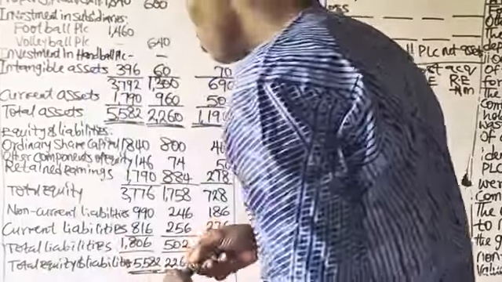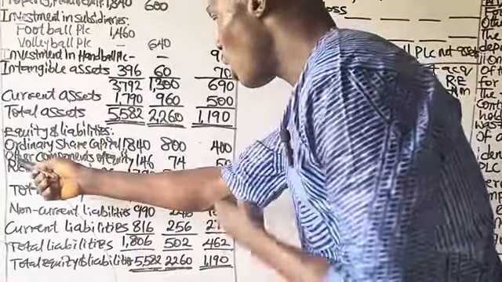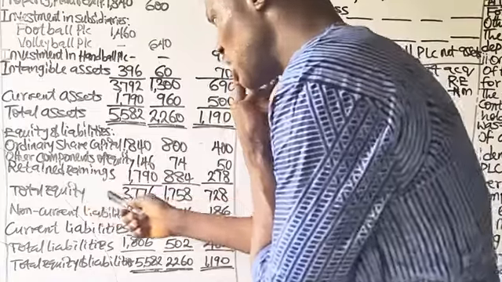So we have ordinary share capital, other components of equity, and retained earnings.